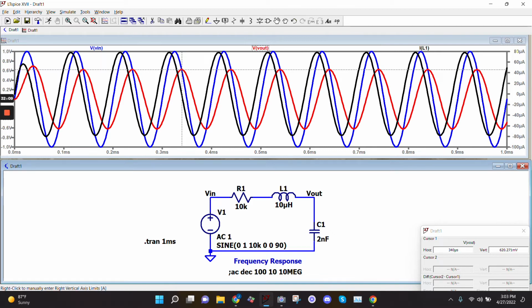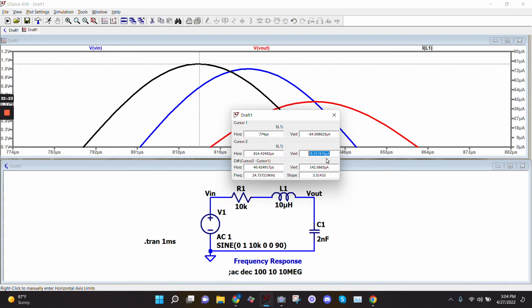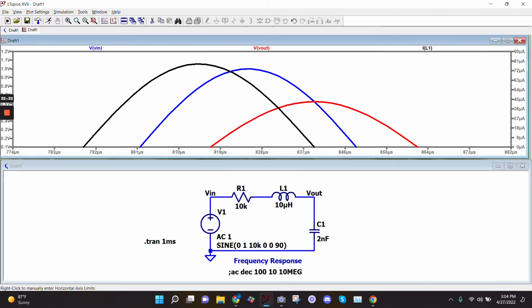It's going up to about 80 micro. Everybody see that? This is my current. There it is. So I get 78 micro. Good? All right, and then the phase, I'm not going to take the time to do it, but you just take the time delay and all that good stuff. All right, so that we got.